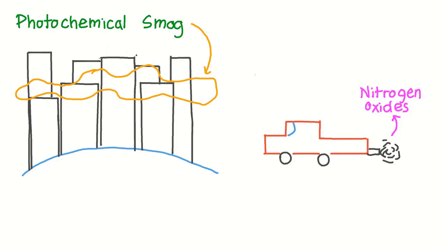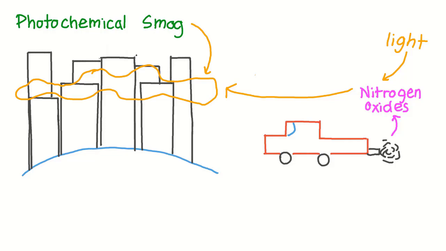When we burn fossil fuels in things like our vehicles, chemicals like nitrogen oxide are released. These chemicals can react with light from the sun, which forms the smog. This smog is not only unappealing to look at, but it can also cause a number of respiratory issues for people that are exposed to it.